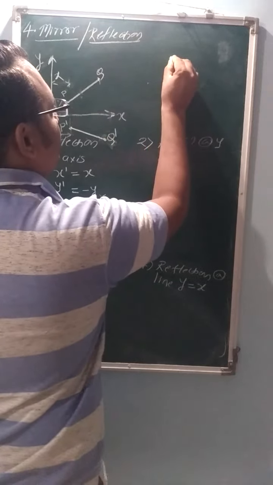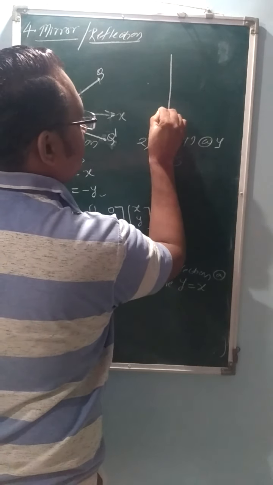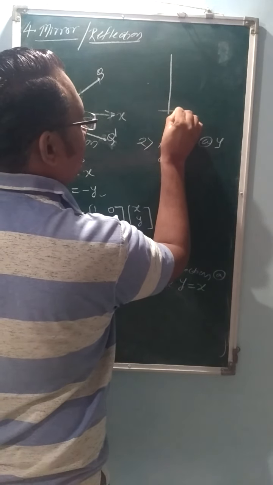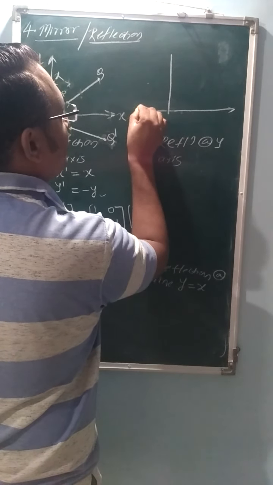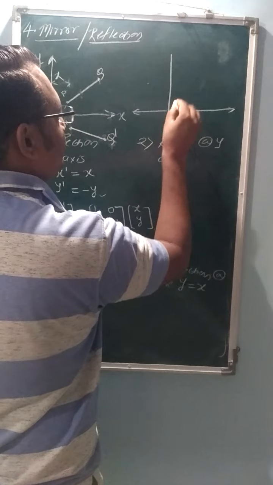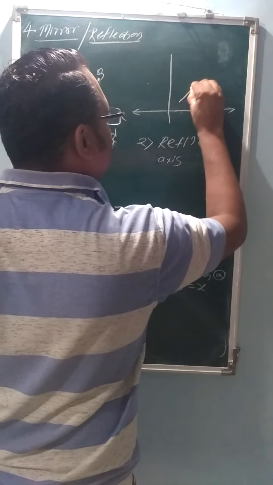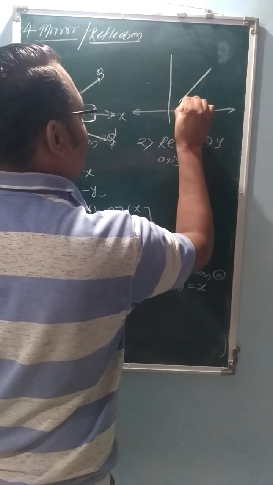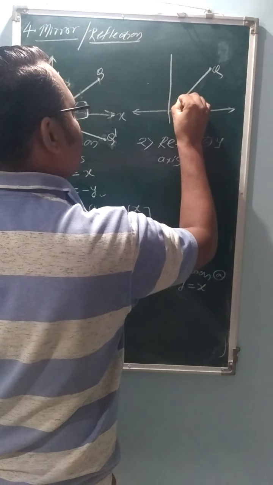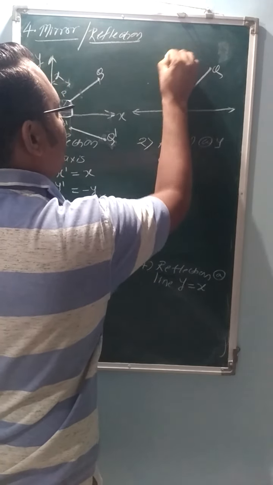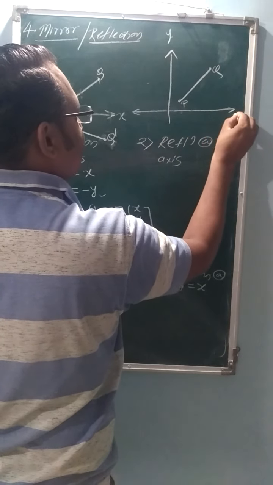Similarly, for the second case, we are reflecting the entity about y-axis. So consider the geometric entity line PQ with endpoints. We are reflecting about y-axis.